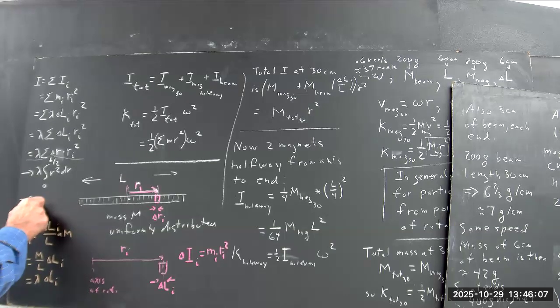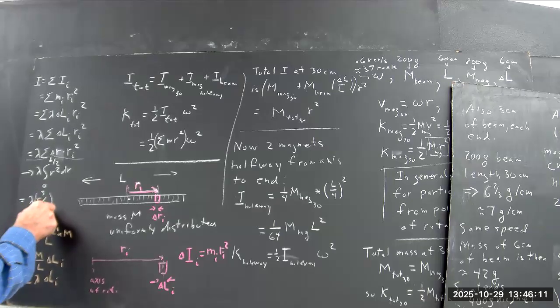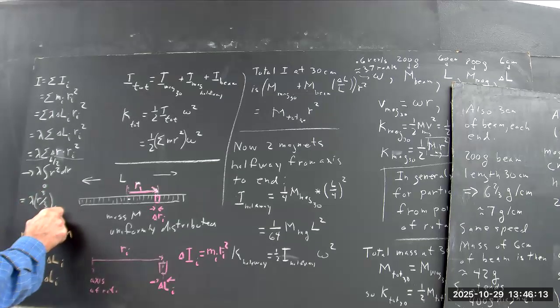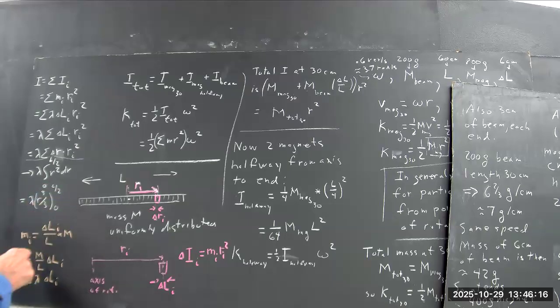So what that is, is lambda R cubed over 3 from 0 to L over 2.